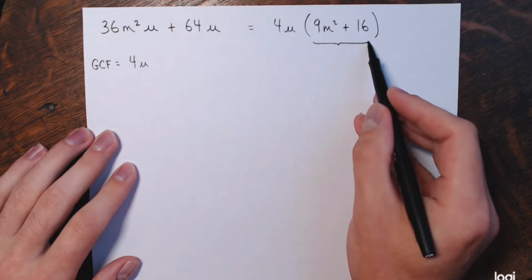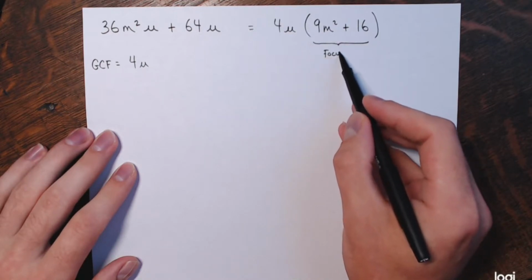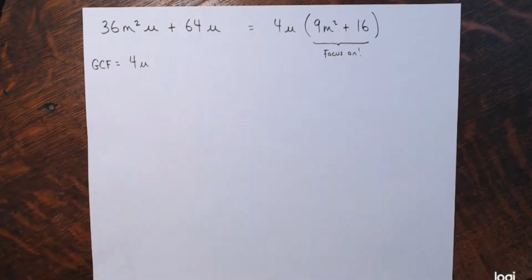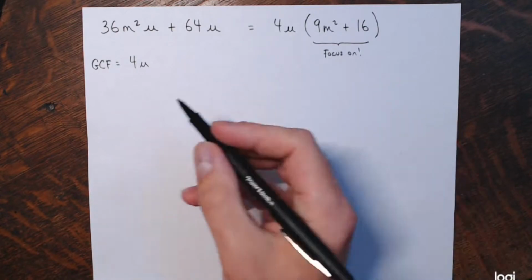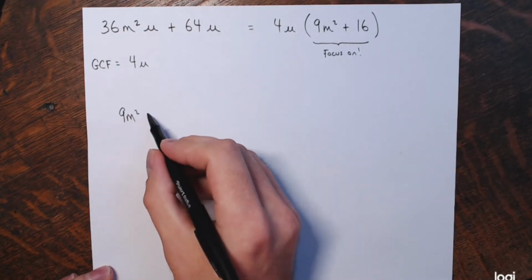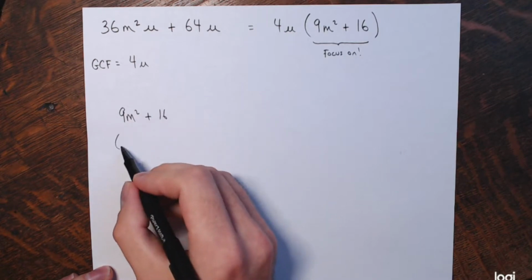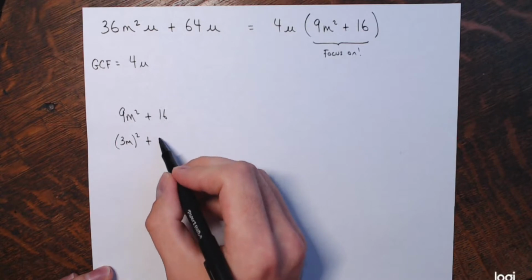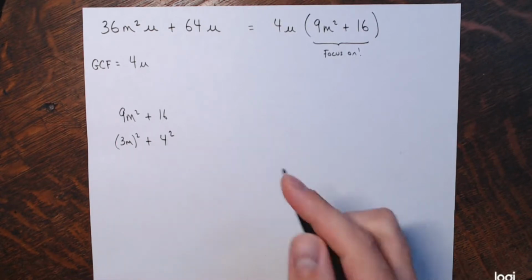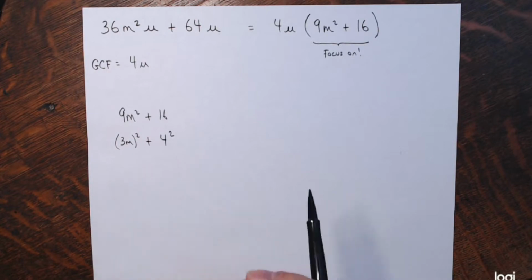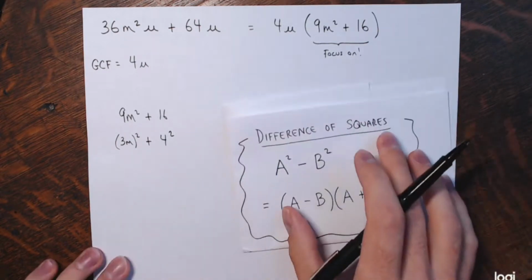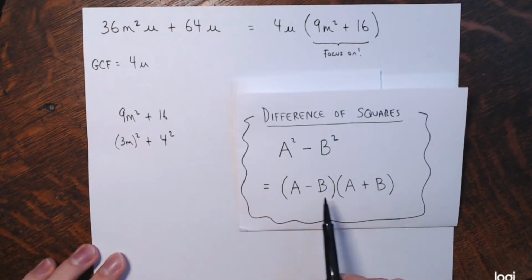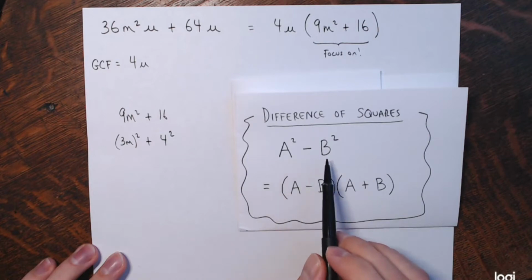Can this 9m squared plus 16, can that be factored any further? Well, you might be thinking, hey, 9m squared plus 16. That 9m squared, that's a square, right? 3m to the second. And 16 is also a perfect square. That's 4 squared. And then you might think, oh, 3m plus 4, 3m minus 4. But remember, that a minus b, a plus b factorization only worked for a difference of squares, subtraction.